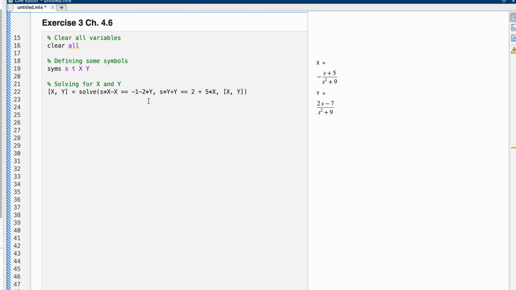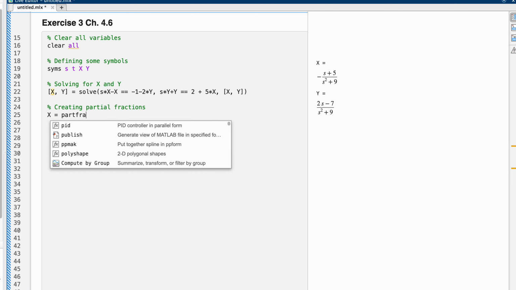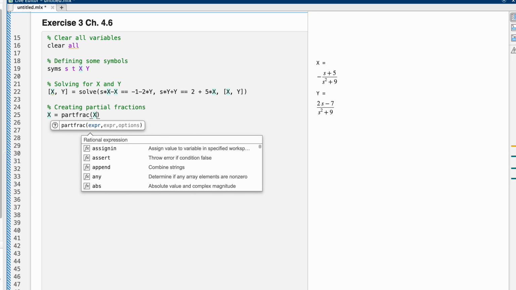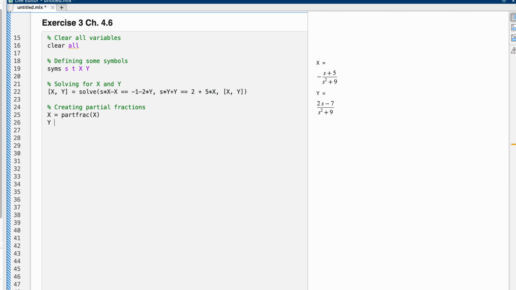So now we have this, and we can input this into the partial fractions already. So, creating partial fractions. We can say that our X can be renamed after we apply partfrac of X. And for Y, we can do the same.